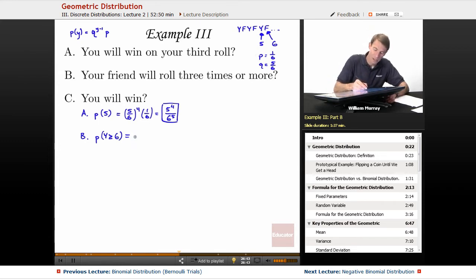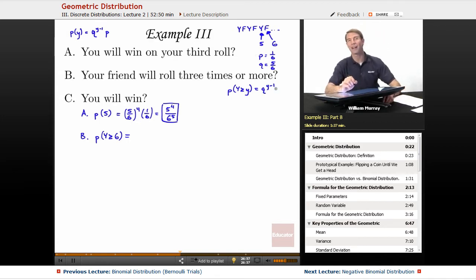Let me remind you, the probability that y is greater than or equal to any particular value of little y is q to the y minus 1. We worked that out using a geometric series. You can also think about that as you have to fail y minus 1 times in order to get the success on the y turn or later.